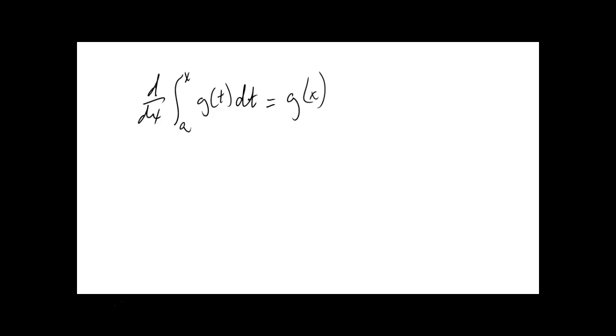Now, you might recall that the result I just wrote is one of the two forms of the Fundamental Theorem of Calculus. In other words, the thing in the integral there is an antiderivative of the function g, and if you take the derivative of an antiderivative, you get g. There are times when this form is convenient in solving differential equations.